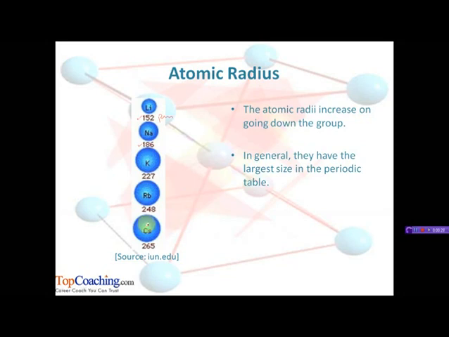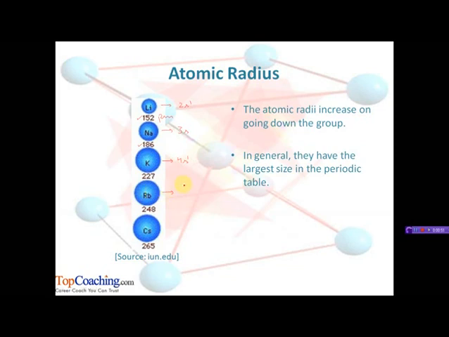This is because the incoming electron is added to a new shell. In lithium, the outermost electron is in 2s1. The new electron which is added in sodium is accommodated in 3s. In potassium, similarly, the valence electron shell is 4s.